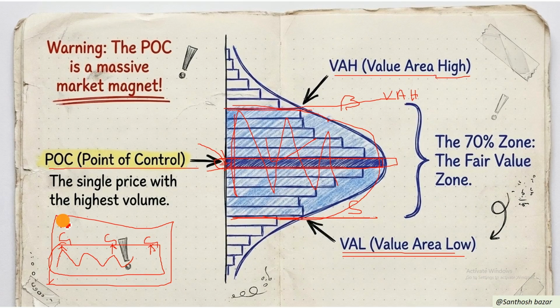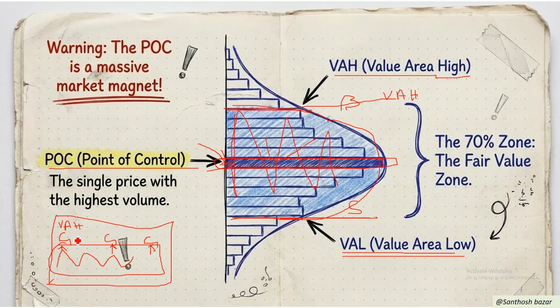Think of value area high as the back area where the expensive items are placed. Prices are fair, but at the upper limit.